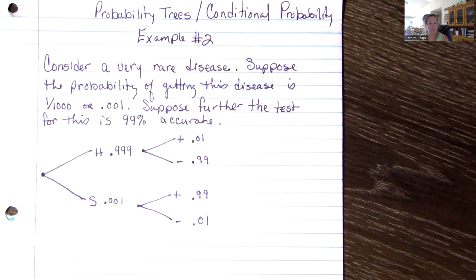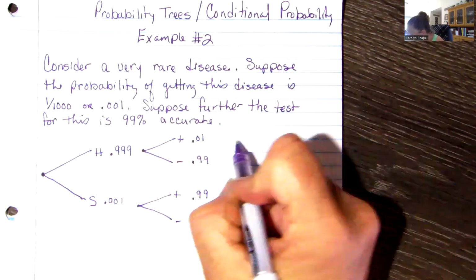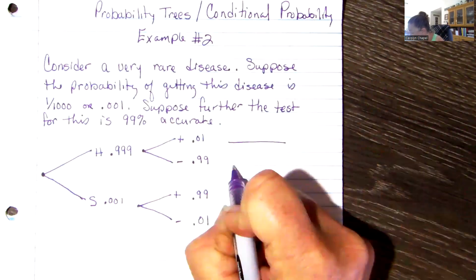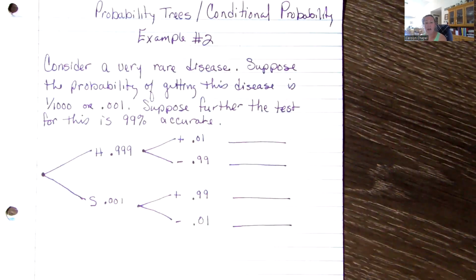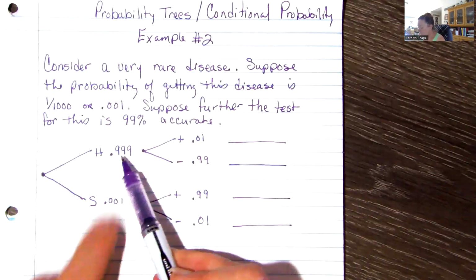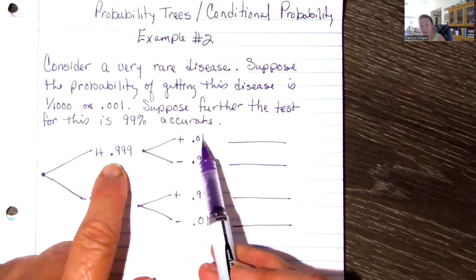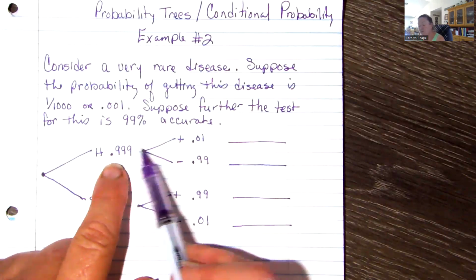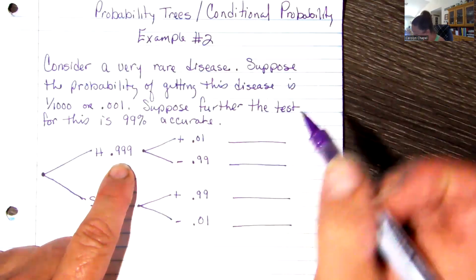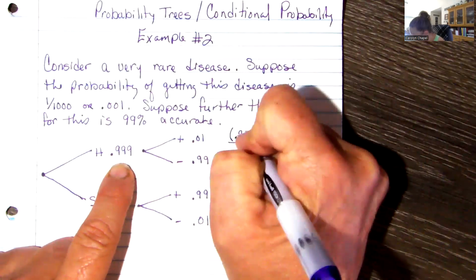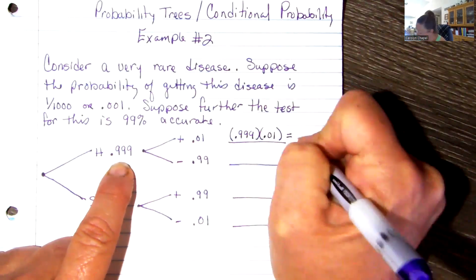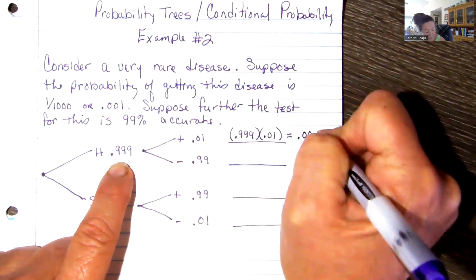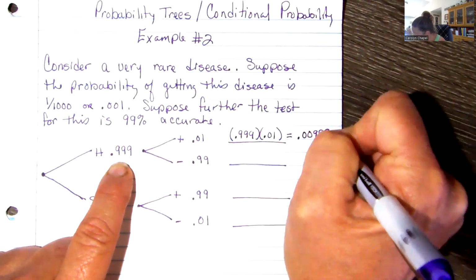Okay, so what we're going to do is I'm going to complete this piece. And if you can remember from previous videos of mine or from your other statistical knowledge, if you have a tree and you want to find out they're healthy and they have a positive test, we can use that general multiplication rule and multiply those together. So here we're going to get 0.00999.